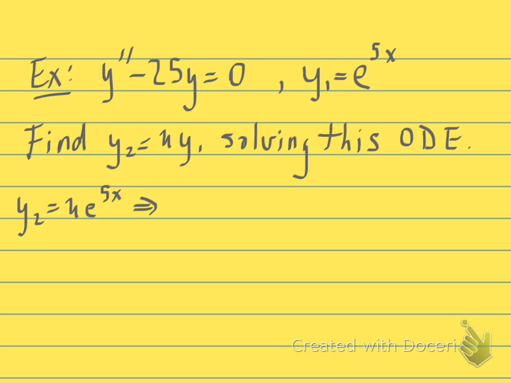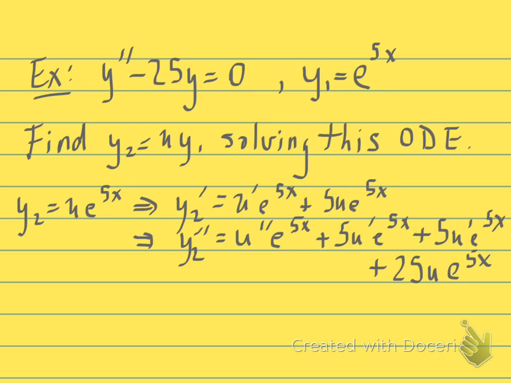If y2 is some unknown function u times e to the 5x, then that means that y2 prime, using product rule, is u prime times e to the 5x plus 5u e to the 5x.